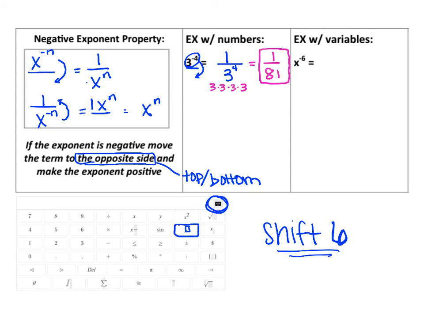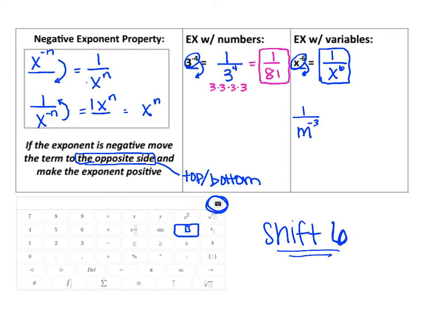An example with variables: x to the negative 6th is the same thing as, if I move that x to the negative 6th to the bottom and make it x to the 6th, I can fill in the top with a 1. Or one more example, how about 1 over m to the negative 3rd?